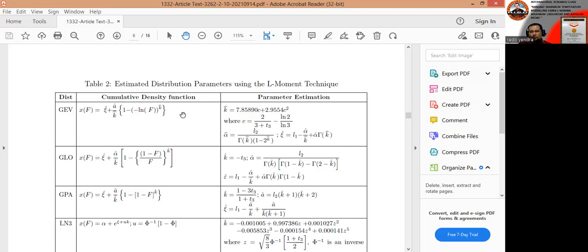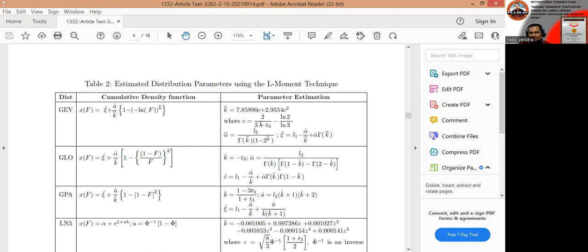When we want to use the L-moments to estimate the parameter kappa, we can use the formula 7.8590c plus 2.9554c power 2, where c is equal to 2 divided by 3 plus T3, minus logarithm natural 2 divided by logarithm natural 3.